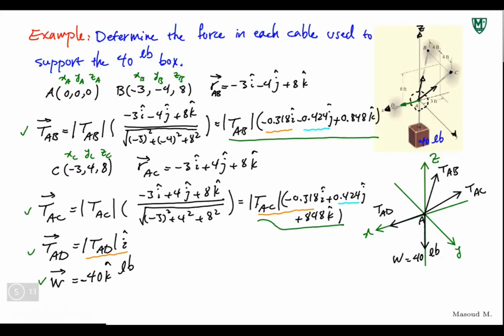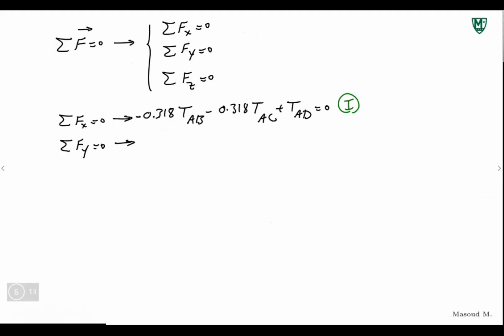That vector has no J component. W has no J component. So if I write the equations in that direction, it gives me minus 0.424 TAB plus 0.424 TAC is equal to 0. From here, immediately you can see TAB and TAC are equal. This is the second equation.